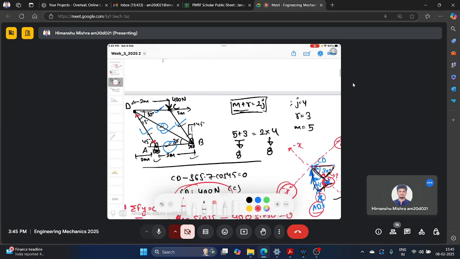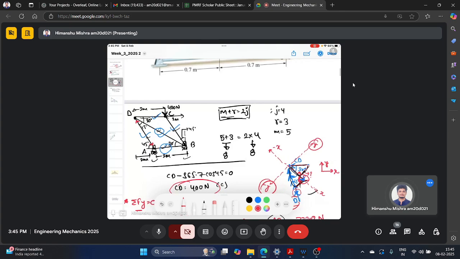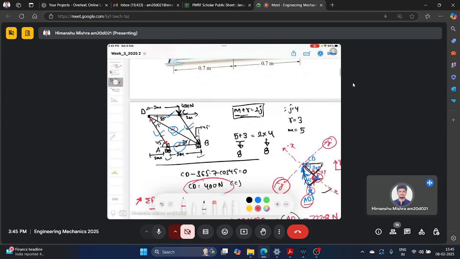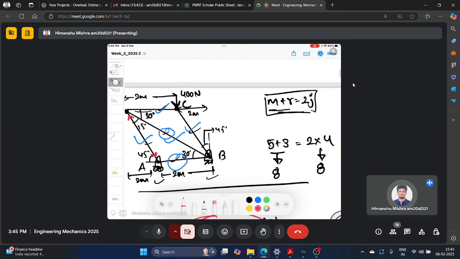And similarly, you can draw the forces in the other direction. So in DB, it was away from the joint when we consider joint D, and when we consider joint B, it will be in this direction, equal and opposite. So the force in DB will be away from the joint, even if you consider joint B.